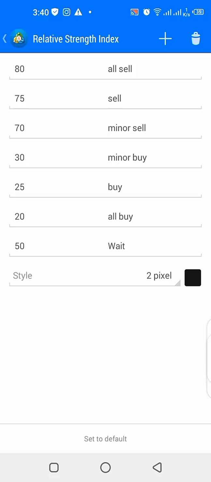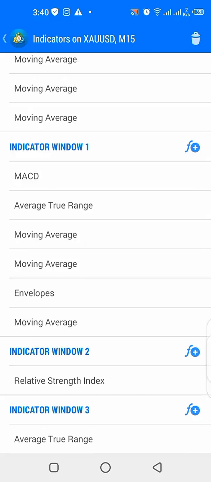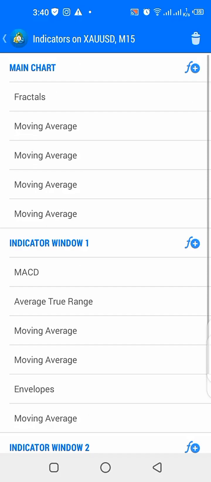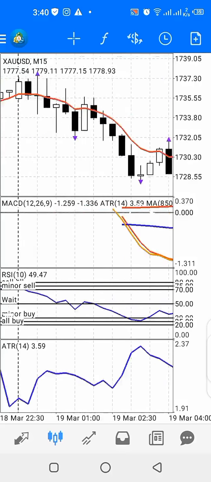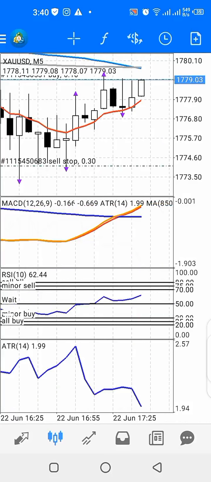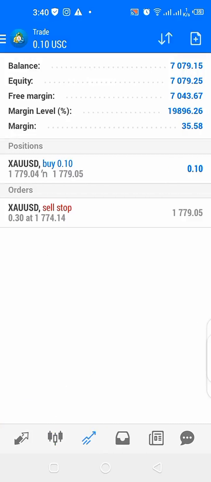This is just in case you want to set up the indicators that you are seeing on the screen. The parameters of how you can set it up are being shown on the screen.